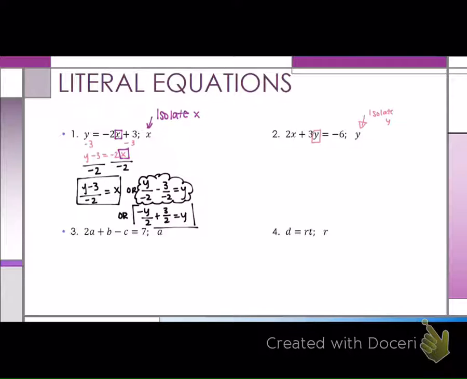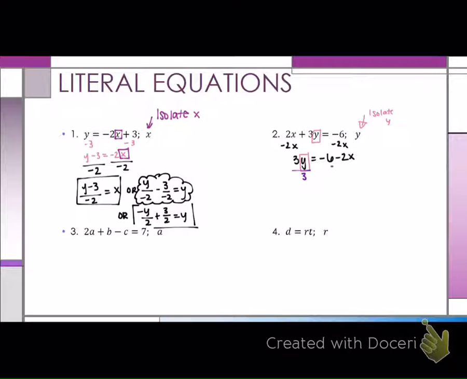So what should we actually move first? Subtract 2x. Colin, now what would you do to get y alone? Divide 3 on each side.